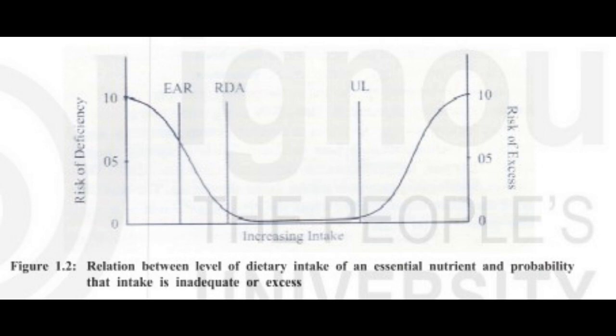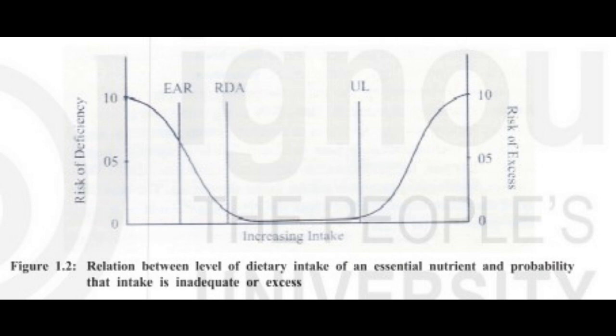Between birth and maturity, nutrient requirements per unit body weight are higher during growth and they decrease after growth has ceased. For example, the energy requirement of an infant is 103 kilocalories per kg body weight, while for a sedentary adult male it is only 38 kcal per kg body weight. Similarly, the protein requirement for an infant 9-12 months is 1.5 g per kg, while that of an adult is 1 g per kg body weight.